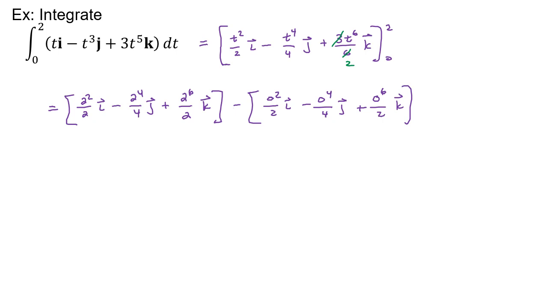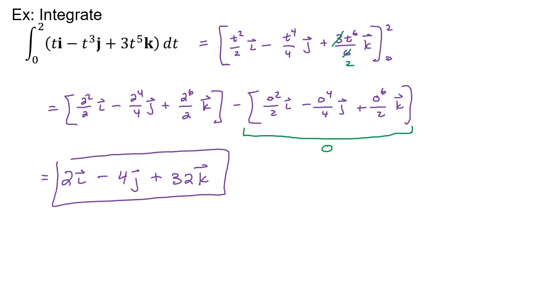But this entire bracket right here is 0. The other bracket: 2 squared is 4, divided by 2 is 2, so I'll get 2i. 2 to the 4th is 16 divided by 4, which would be 4j. And 2 to the 6th divided by 2 is actually 2 to the 5th, which is 32. And so that would be your answer. We get a vector for our integral.